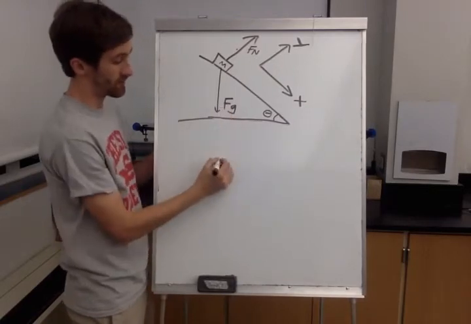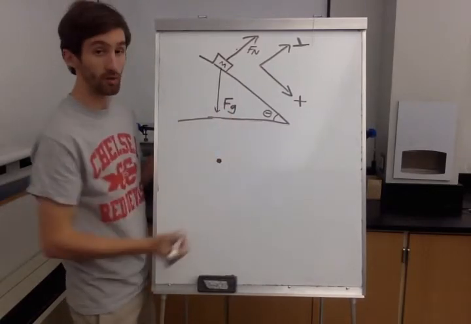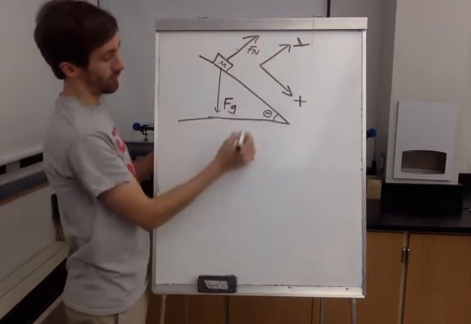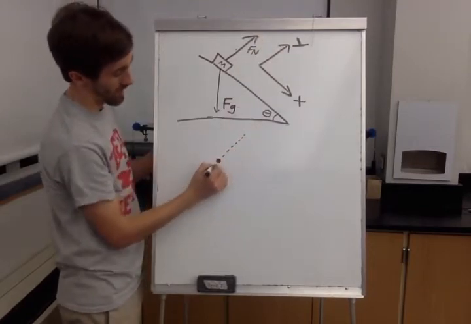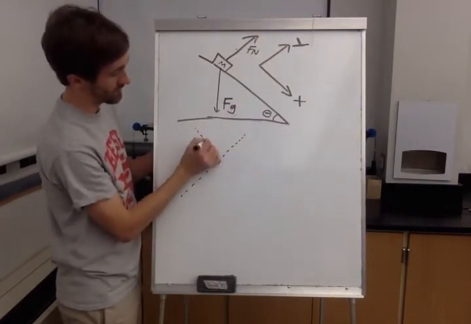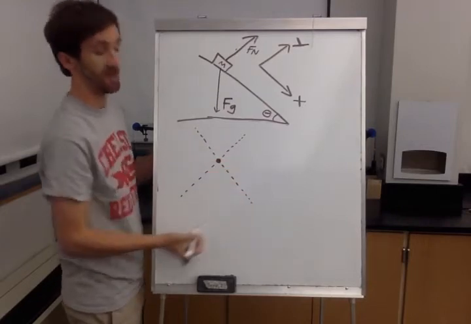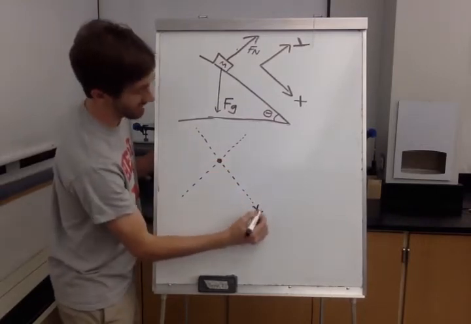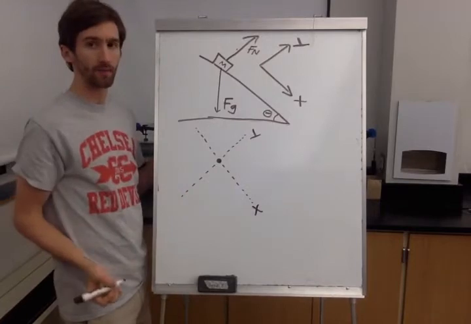When I draw my free body diagram, I'm going to put my dot. I'm also going to put my x and y axis on my free body diagram to help me keep track. X and y.